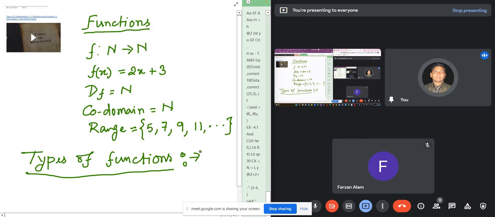Its another name is injective functions. Onto functions. Its other name is surjective function. If a function is one-one and onto, then that is called bijective function. Okay, so these types of functions in 1.2 we learn.